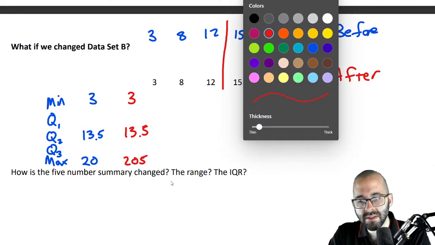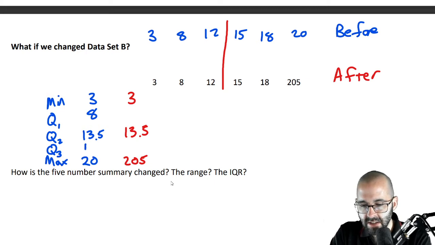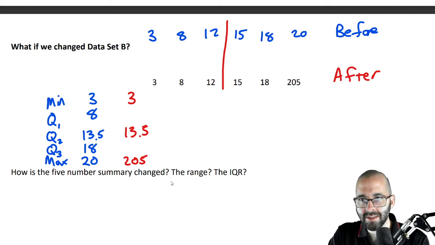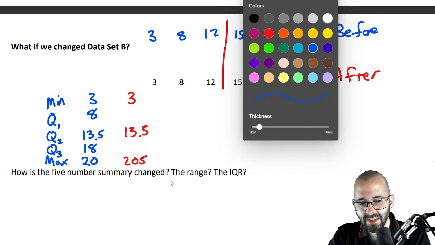Those are the quartiles. The quartiles are just the median of each half. So this is 8. This is 18. Well, if it's 8 here, it's also 8 up there. If it's 18 here, it's also 18 here. So these quartiles aren't changing either.